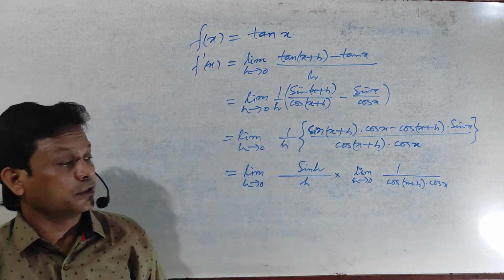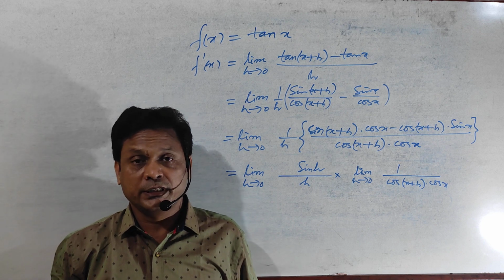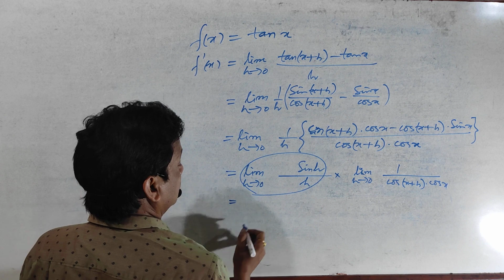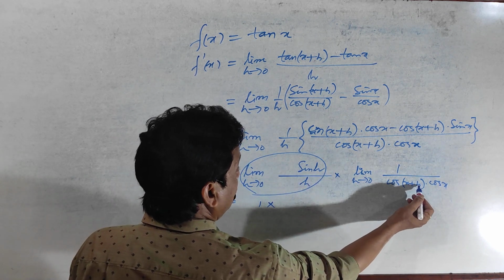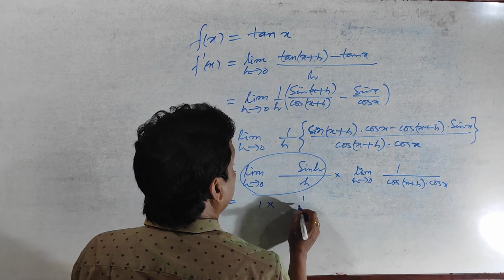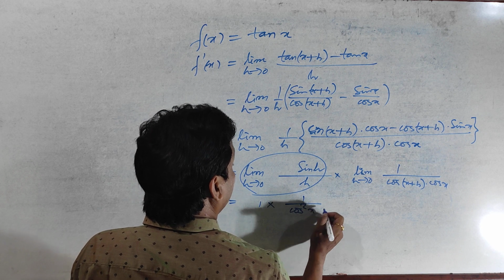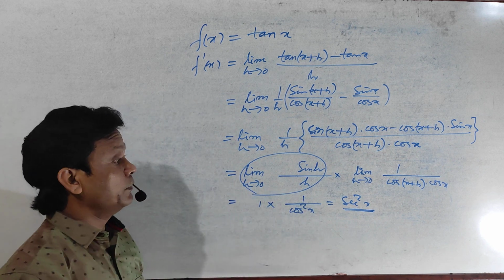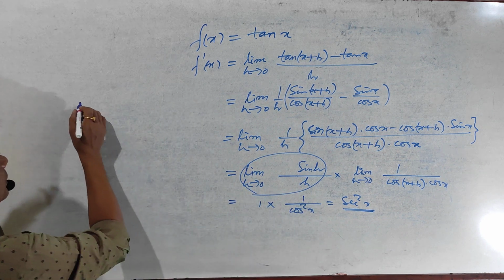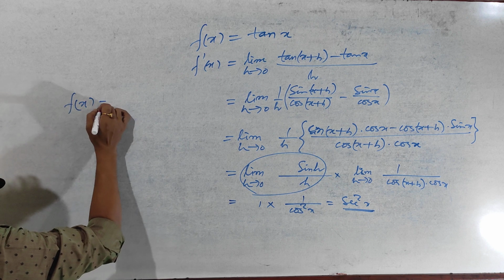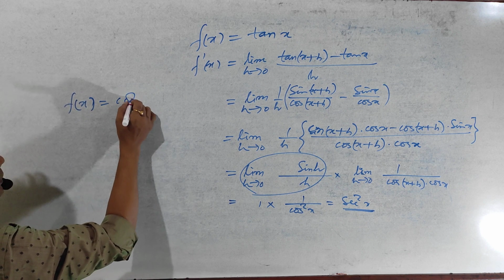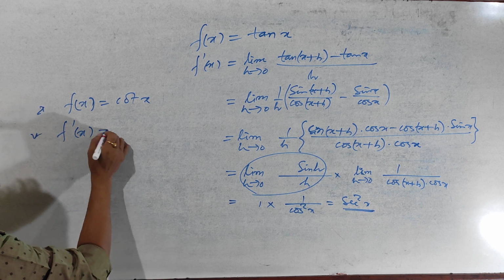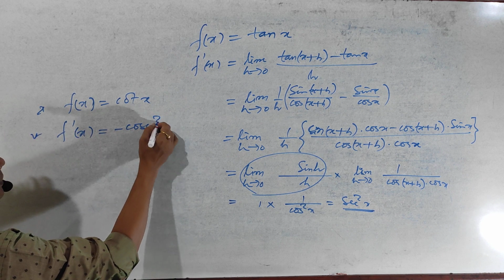I am separating that function because limit of f into g is limit of f into limit of g, and this one is 1. And put h is equal to 0. Cos x into cos x, cos square x. So the derivative of tan x is sec square x. So for you, the homework is to find the derivative of cot x, and it will be minus cosec square x.